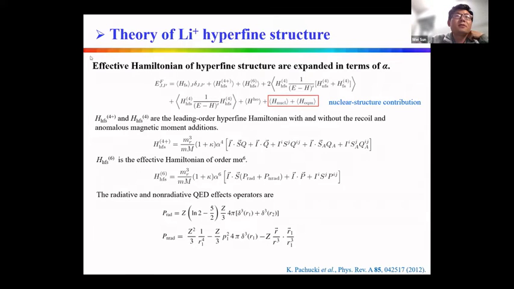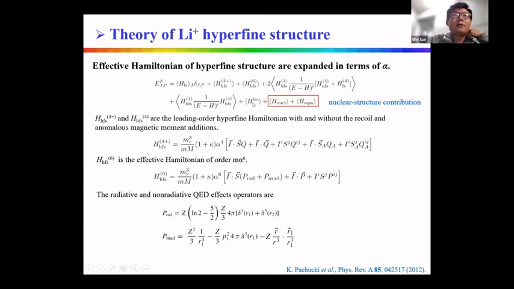The second term is the leading order hyperfine Hamiltonian with recoil and anomalous magnetic moment additions, and so on, up to the order m alpha 6.